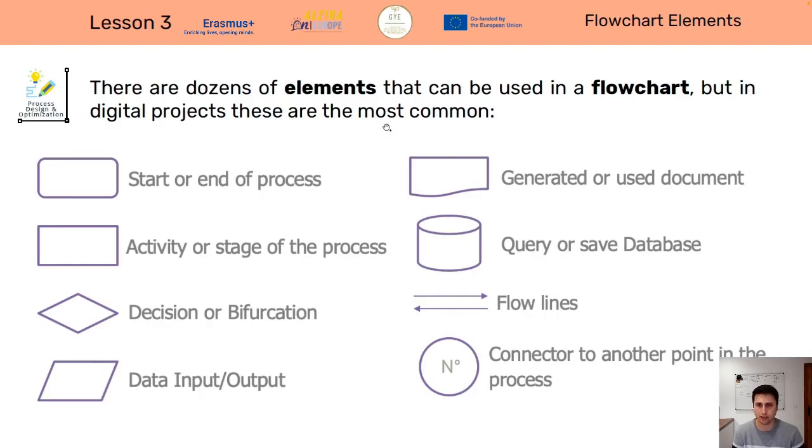But in digital projects, the most common that you must know are these eight: the start or end of a process, then activity or stage of a process, which is each step or task inside the process, then a decision or bifurcation into two different paths, and then a data input or output, a generated or used document, a query.